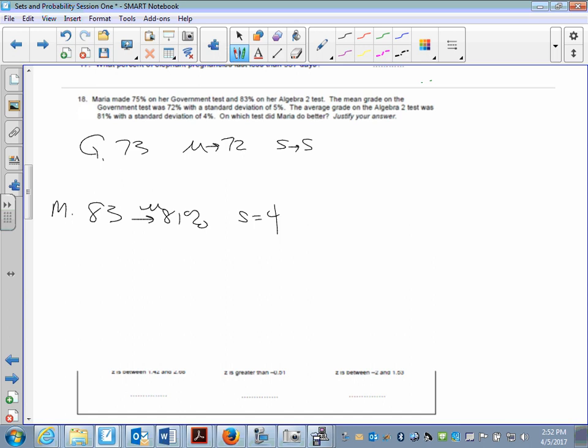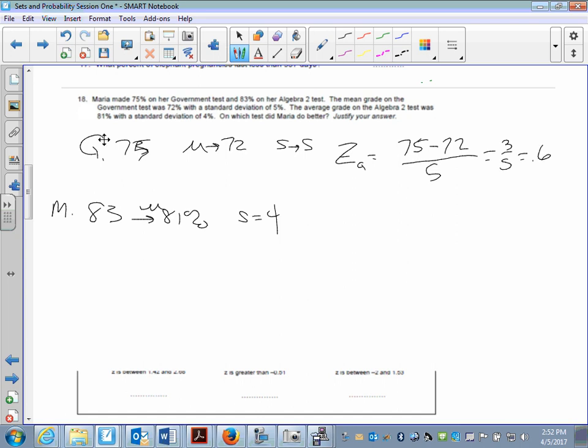Well, the Z-score for Maria's government test is going to be 75 minus 72 over 5. Now that's 3 over 5 or 0.6.